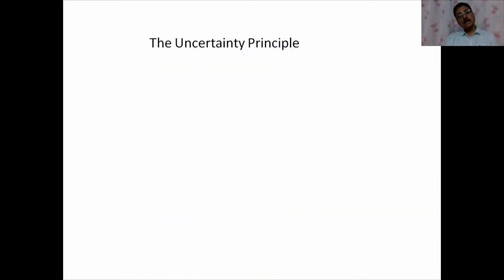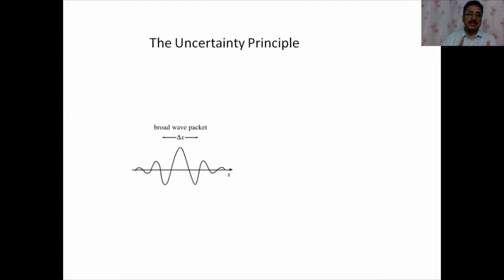Now, as we have seen, because we are associating a wave with a moving particle, then naturally, the particle, which is a localized entity, we are making the localization of the particle uncertain, at least to the extent of the stretch of the wave. For example, if we have a broad wave packet associated with the moving particle like this, then it is easier to estimate the wavelength of the wave, but the location of the particle becomes uncertain as to where it is located from here to here.